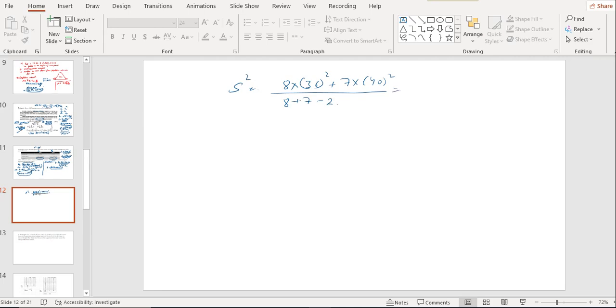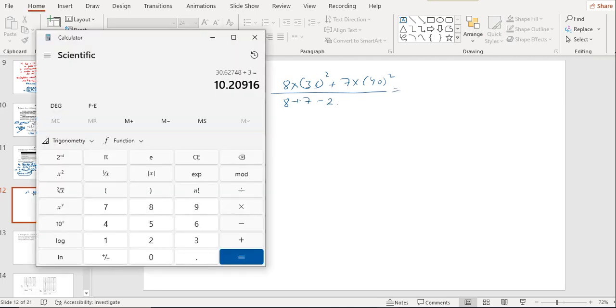This value comes out to be, let us use the calculator. 36 square multiplied by 8, plus bracket 40 square multiplied by 7 bracket close, divided by 13.